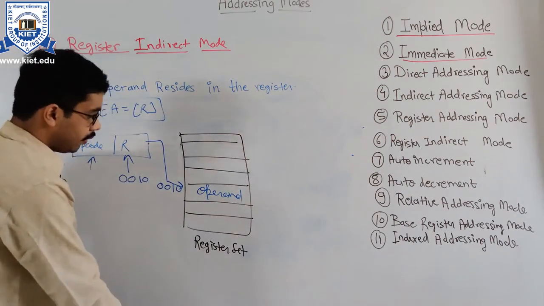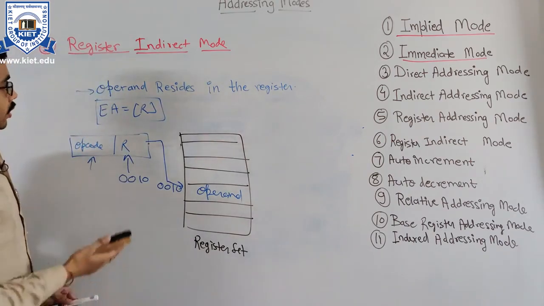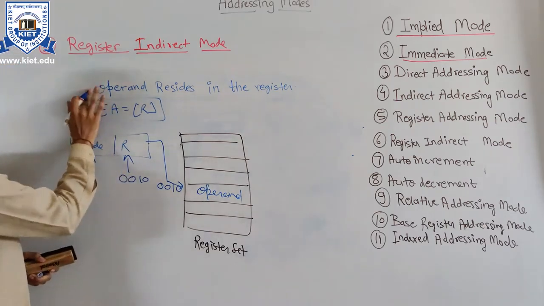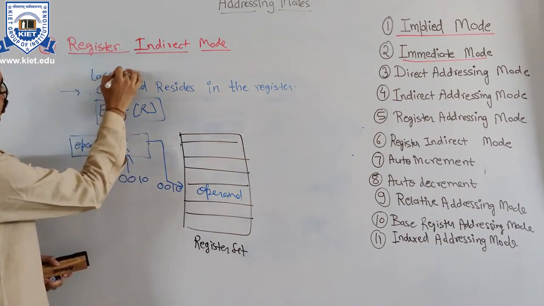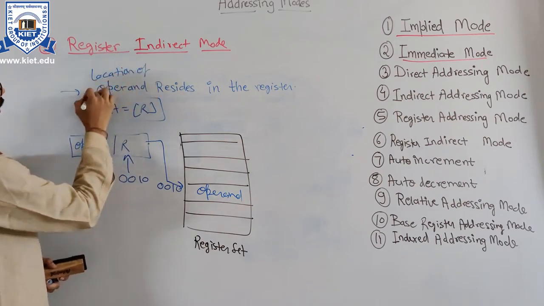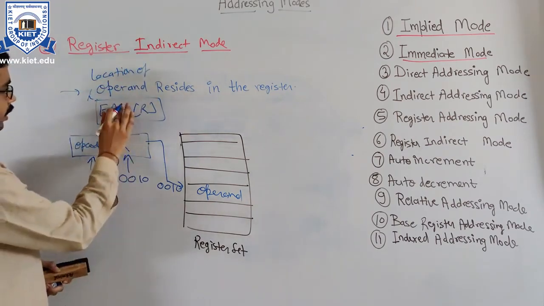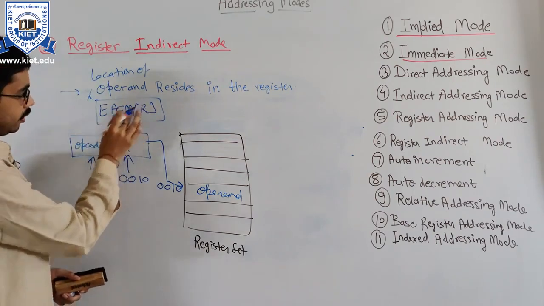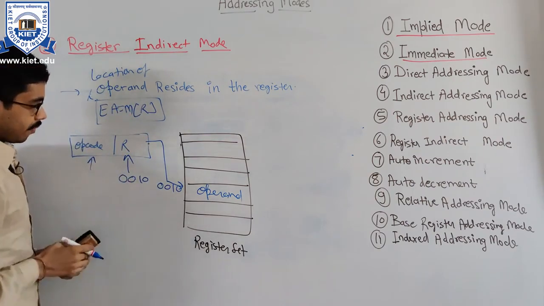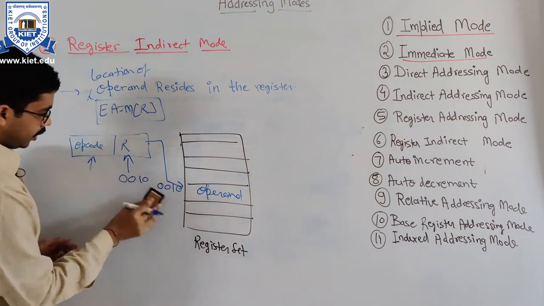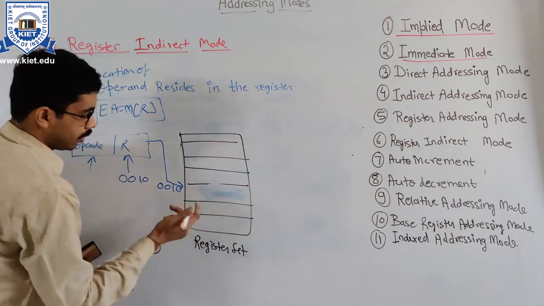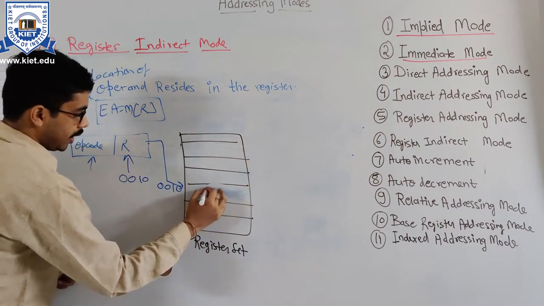Here, instead of giving the operand, the register will contain the location of the operand. So here will be the location of the operand, or you can say the effective address will be the memory location of the operand. If it is pointing here, the value here will be some address of memory.